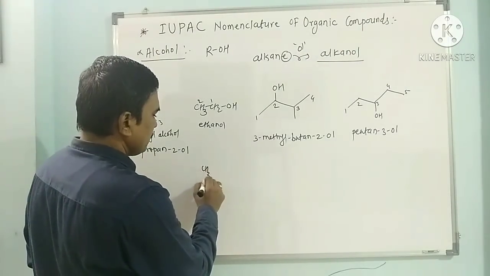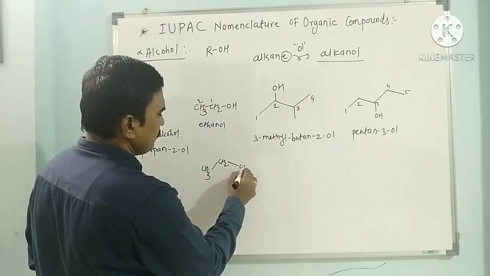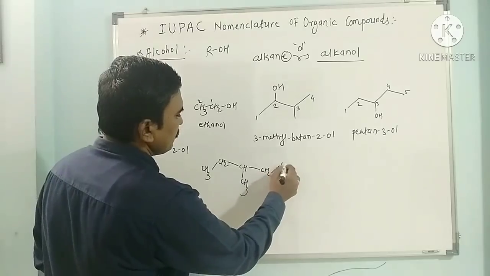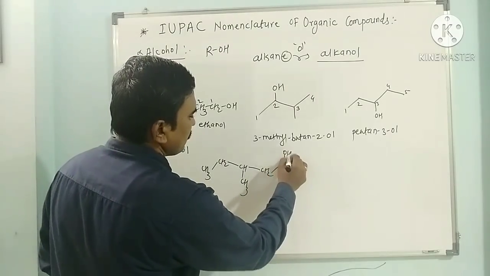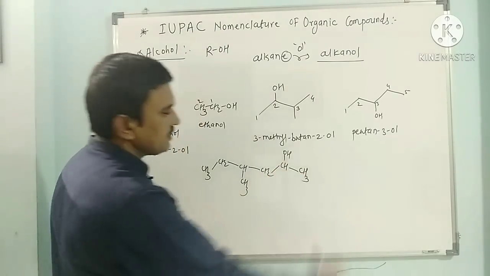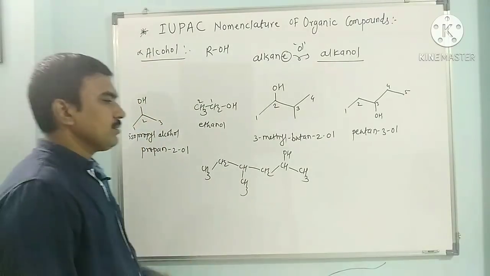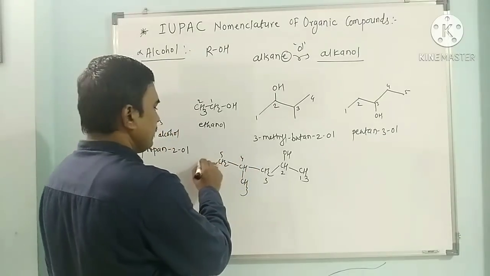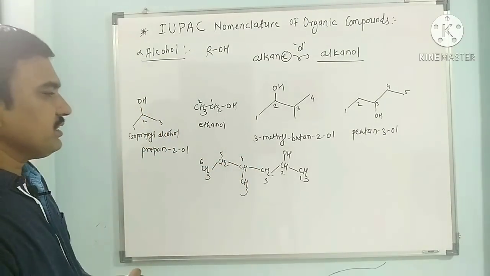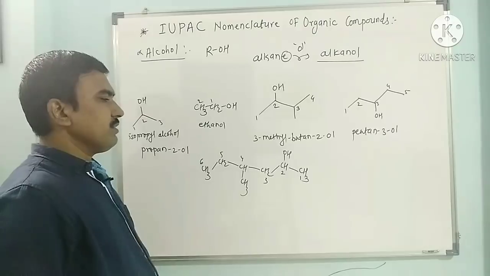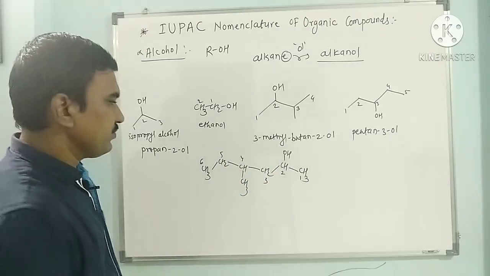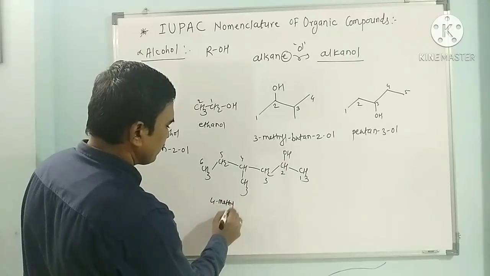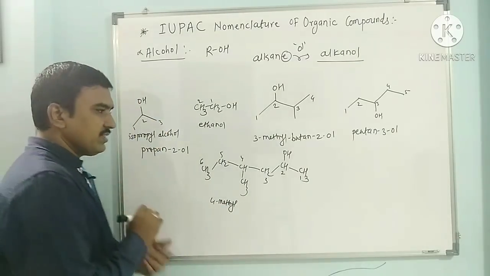If we have CH3, CH2, CH, CH3, CH2, CH, OH, CH3. See how many carbons in a straight chain? 1, 2, 3, 4, 5 and 6 carbons in a straight chain. The fourth carbon has a methyl group, the second has OH. So here it is 4-methyl.